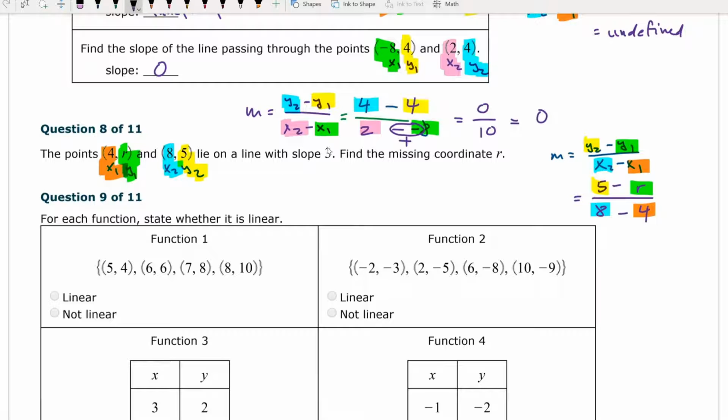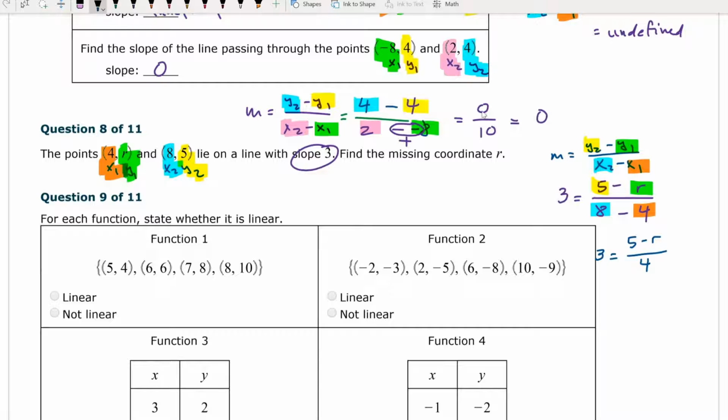Okay, and they did tell you slope is 3, which means your m is equal to 3. The whole thing equal to 3. Okay, so we're going to work it out. We're going to solve for r. So 3 equal to 5 minus r over 8 minus 4, which we can solve, which is 4.